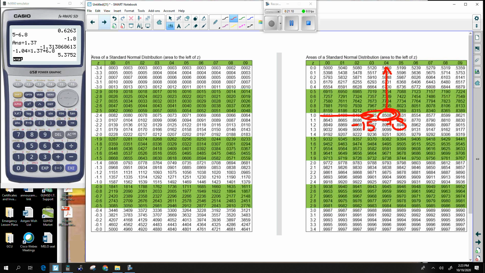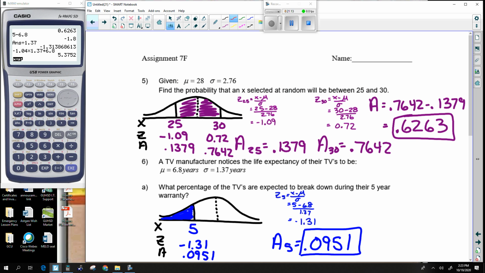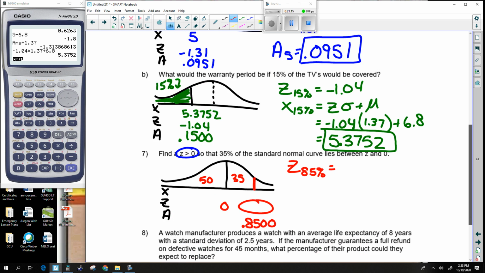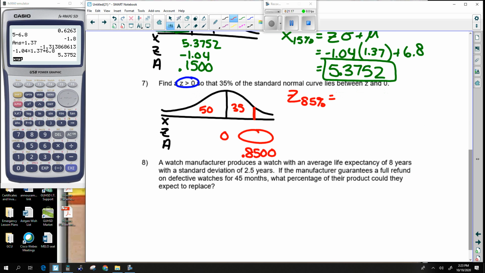Positive 1.04. So again, they're looking for a z that is greater than 0.